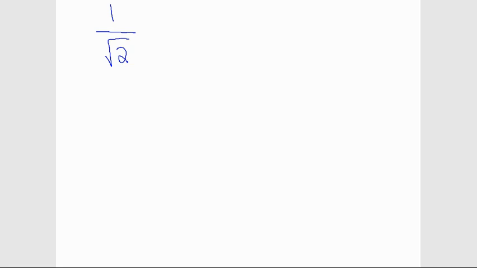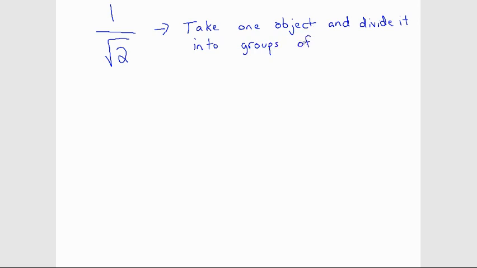This effectively means, in our traditional rules, take one object and divide it into groups of square root of 2. What does that mean? How can you take something and divide it into square root of 2?